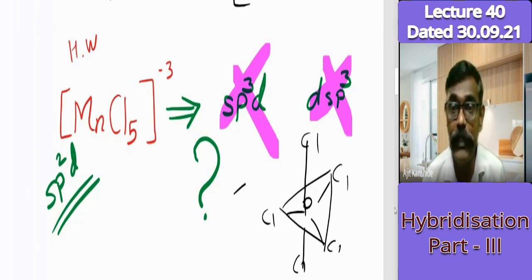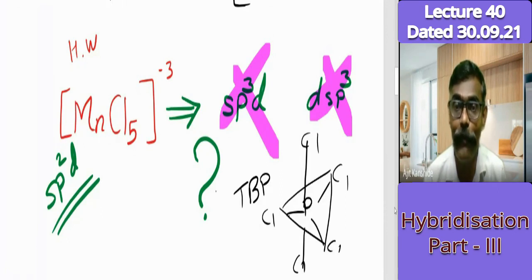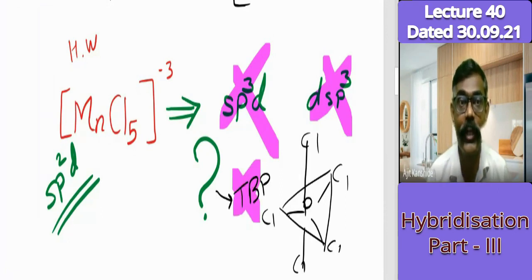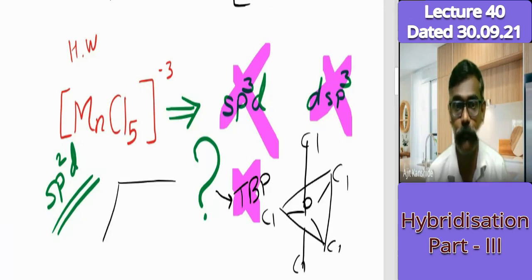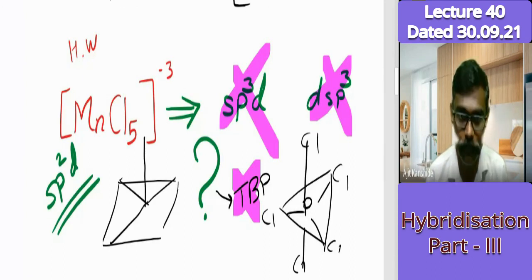So the TBP structure was the expectation, but that TBP structure is not there. Then which structure is there? Square pyramidal structure is there. You have to consider a square as the base and one apex, one bond.